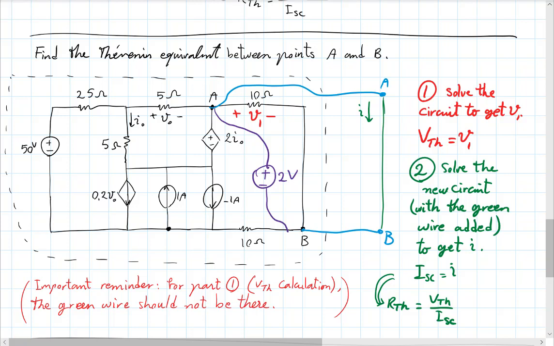What is the Thevenin equivalent now, looking between the points A and B? It's just that voltage source. It's 2 volts. The Thevenin voltage is 2 volts. And the Thevenin resistance is zero. So think of it this way.